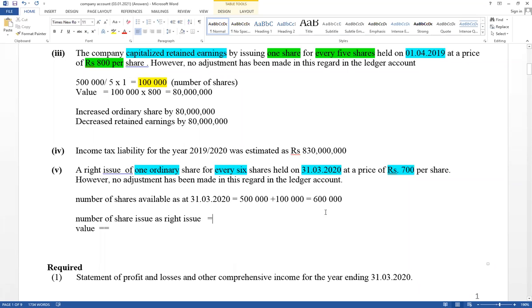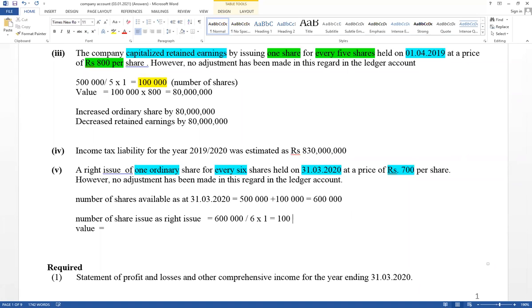Now number of shares available 600,000. Before calculating value, you have to recognize number of shares issued as right issue. At the time of right issue, number of shares available 600,000, and ratio is given. Company going to issue 1 share for every 6 shares. Therefore, now divide by 6 into 1. This is the number of shares issued as a right issue.